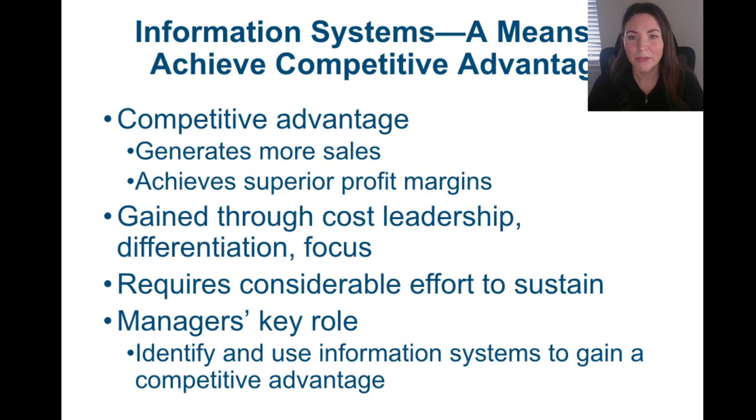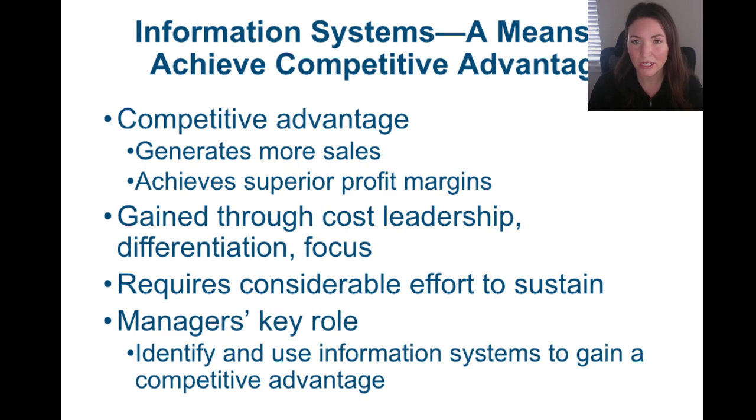So having an information system gives a company a competitive advantage to generate more sales and make more money, right? The advantages can be gained in 3 ways. So by cost leadership, let's see, which is providing, I'm on the second main bullet point, providing the same value as competitors, but at a lower price.